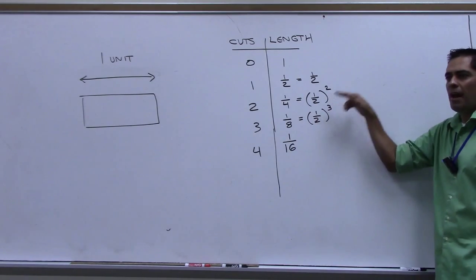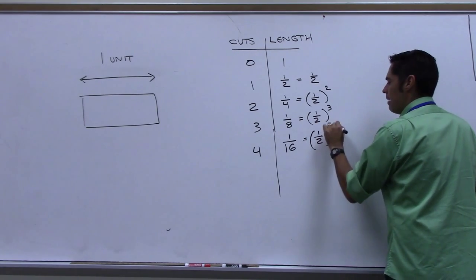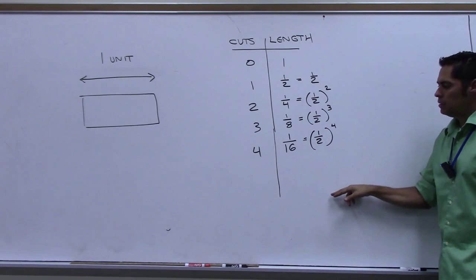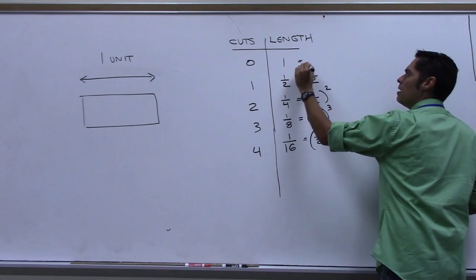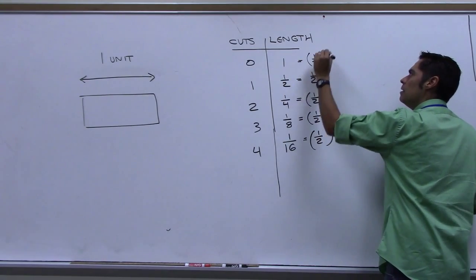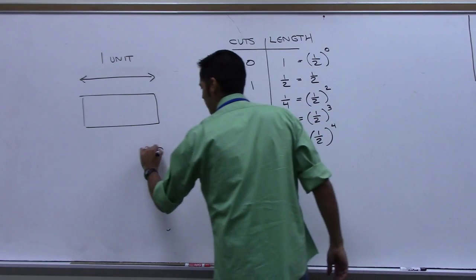So we keep on doing half each time, so we keep on multiplying by another half every single time. And so it looks like we could come up here and rewrite 1 as being 1/2 to the 0. And that's going to be a 1, and that's great. So the function appears to be 1/2 to the x.